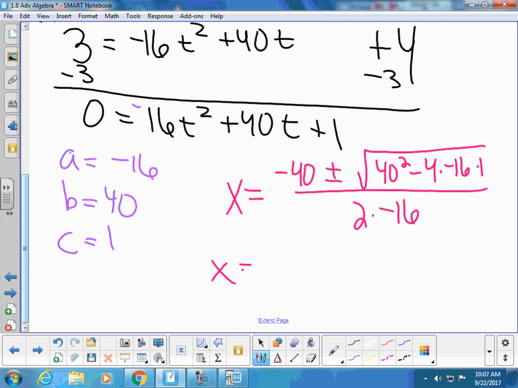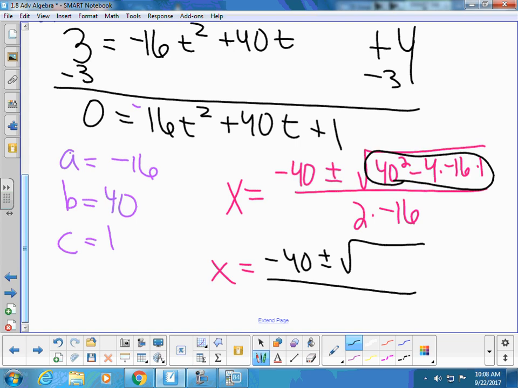Okay. Go ahead and type in your discriminant. See if we get a positive number or a negative number or a perfect square or a not perfect square. Our denominator will be a negative 32, because 2 times negative 16.